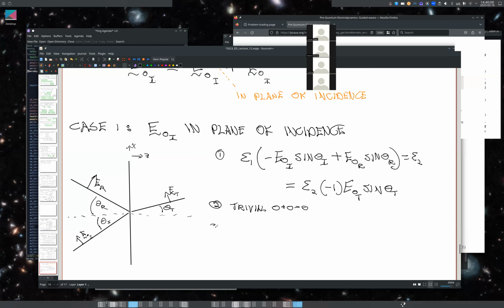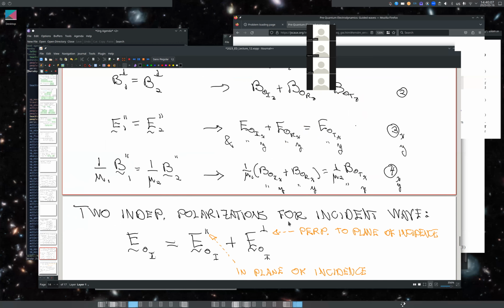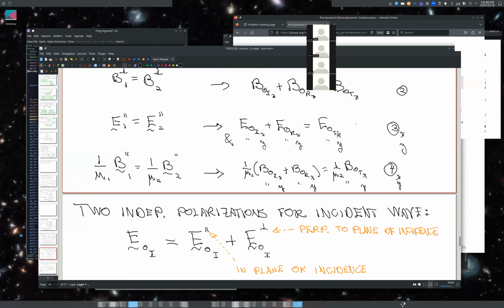The third equation, then, I'm just looking at the x and the y components.